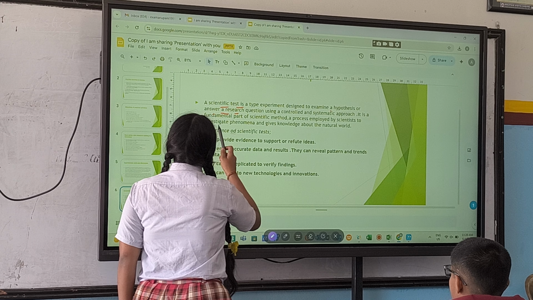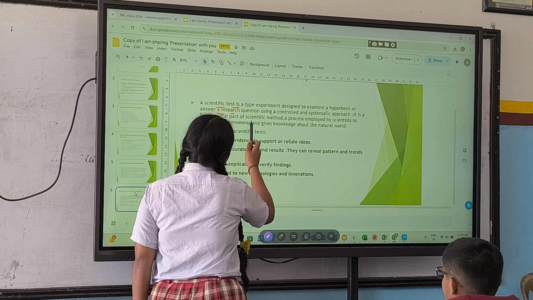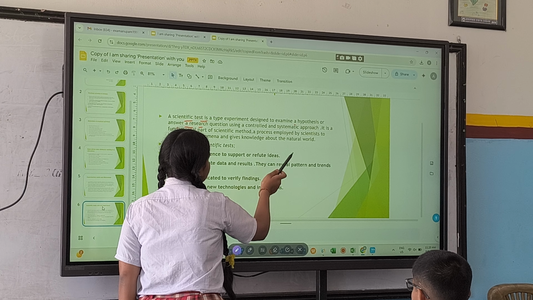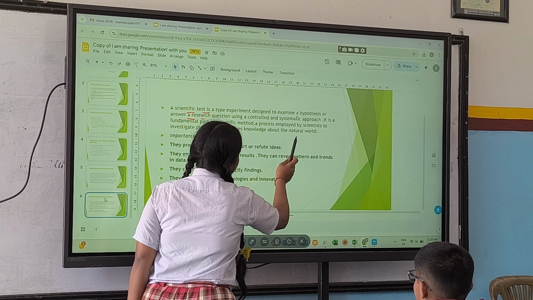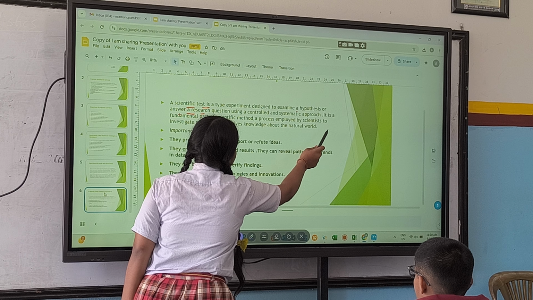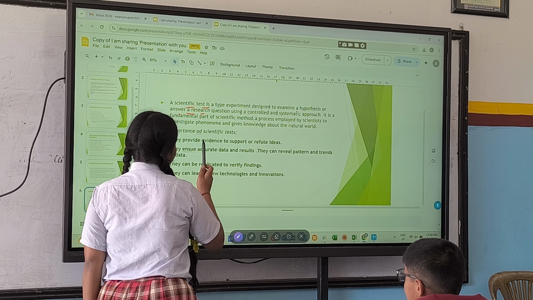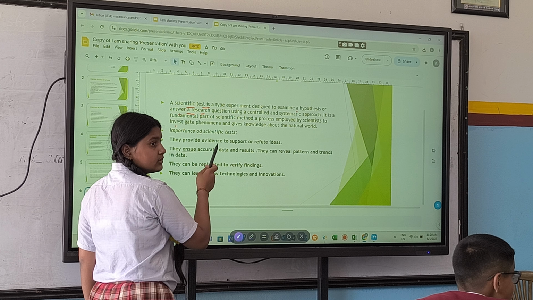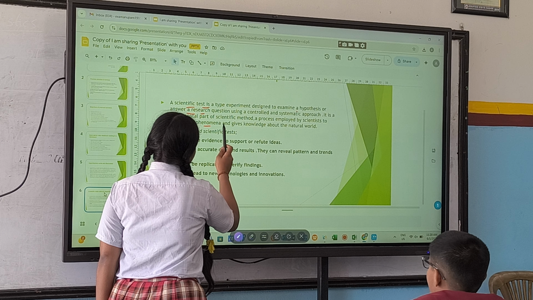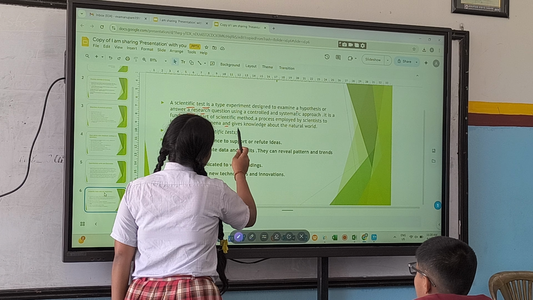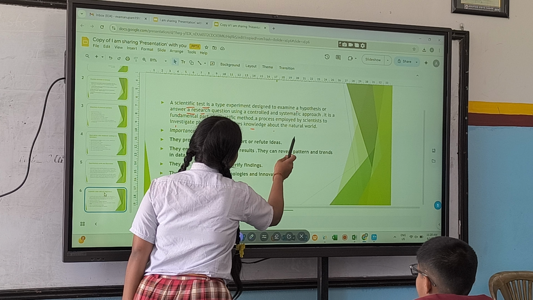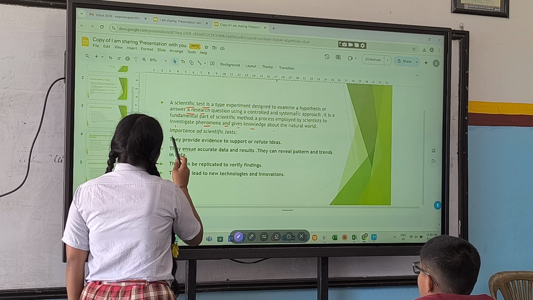It is a fundamental part of the scientific method, a process employed by scientists to investigate phenomena and gain knowledge about the natural world.